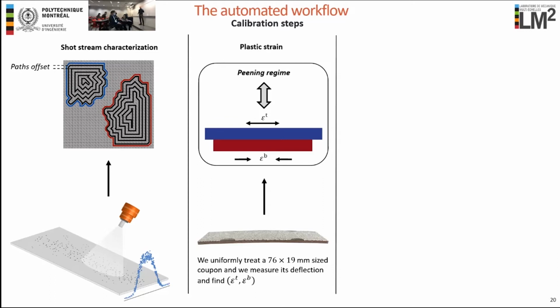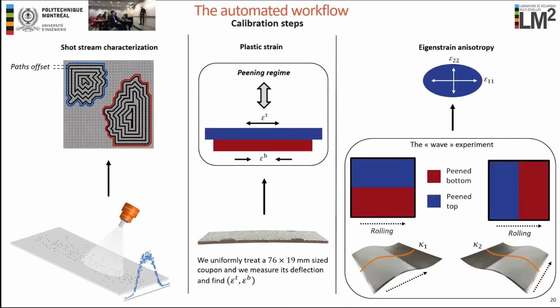These coupons are made of the same material and have the same thickness as the panels that are supposed to be treated afterwards. Then we measure the deflection of these coupons, and we use our simulation software to adjust the eigenstrains so that the simulated deflection fits the measured one.